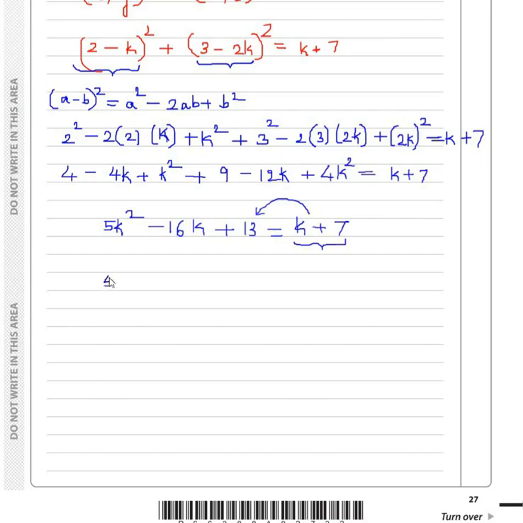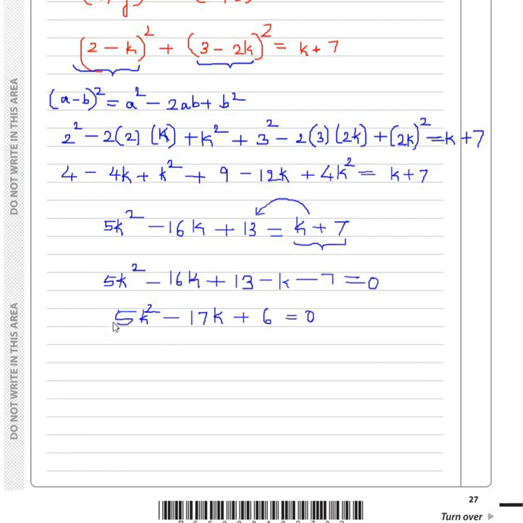So it becomes 5k squared minus 16k plus 13 minus k minus 7 is 0. Simplifying, we get 5k squared, minus 16k and minus k gives you minus 17k, and plus 13 and minus 7 gives you plus 6 equals 0.